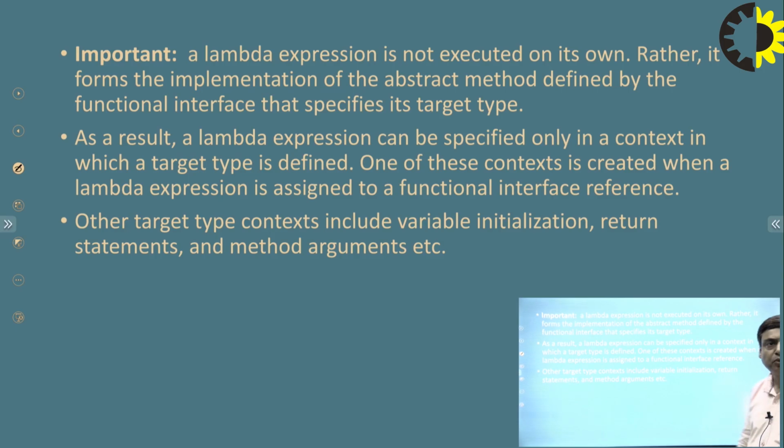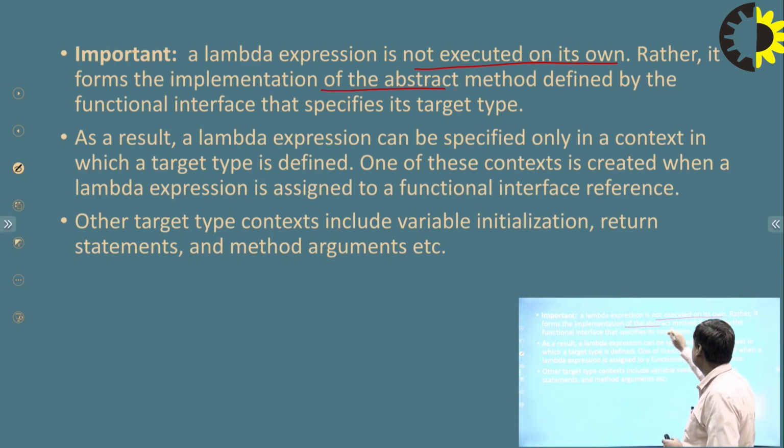Now, there are some important points related to lambda expression that we need to learn for understanding purposes. Just to remember again, lambda expression is not executed on its own. Rather, it forms the implementation of the abstract method.